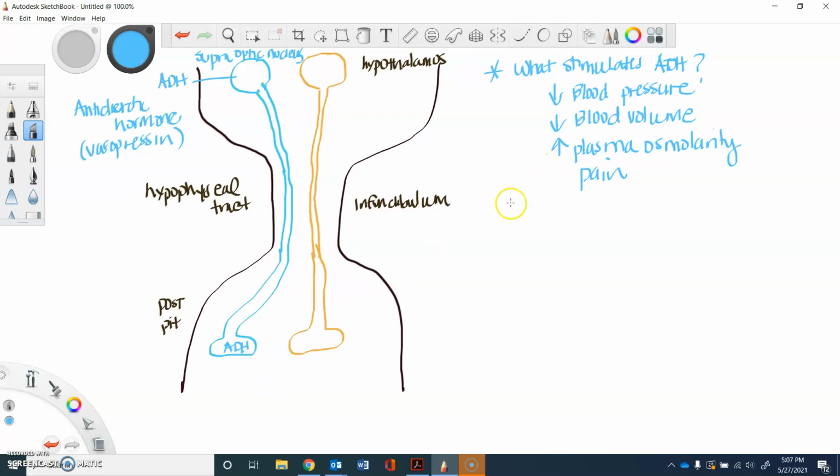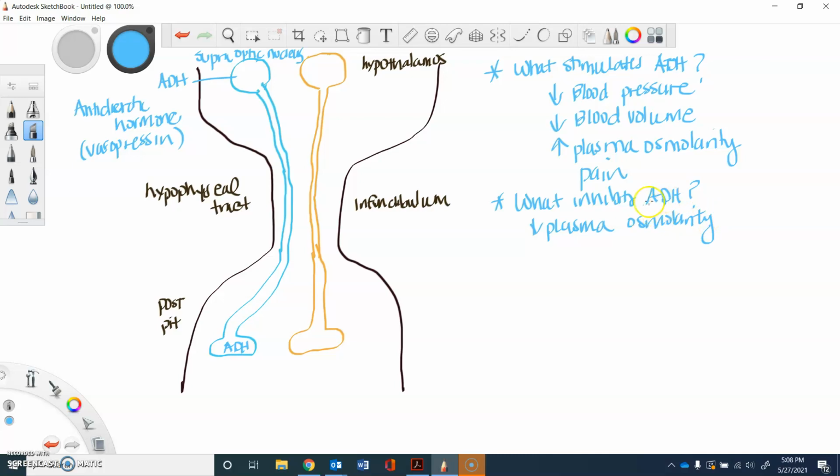What kind of things inhibit it? Okay, well, so what inhibits ADH? Well, a decrease in plasma osmolarity.